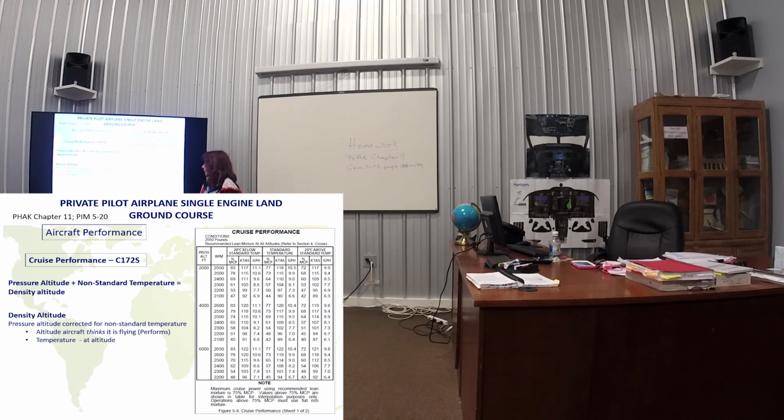It's recommended 75% MCP, which is horsepower. 75% horsepower. We have temperatures, pressure altitudes, RPMs. You're probably going to be given something during your check ride like 3,500, so you're going to have to interpolate.